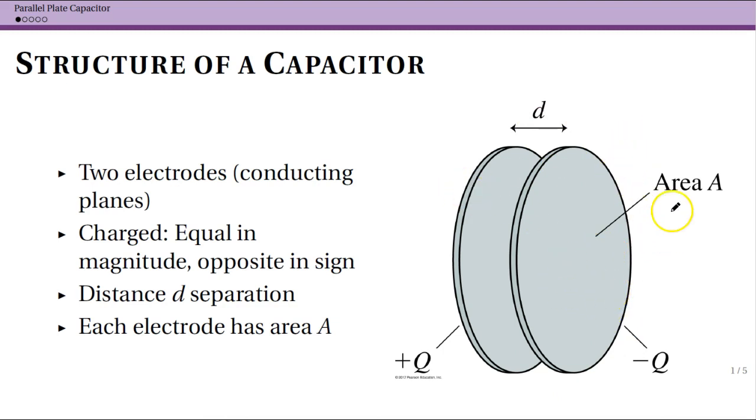So once you see something that looks like that, you can treat it as a parallel plate capacitor. Now, sometimes we're going to have these plates be infinite in size. Sometimes they're going to be square. None of that matters. Once you have two plates, equal in charge but opposite in sign, separated by some distance, you have a parallel plate capacitor.